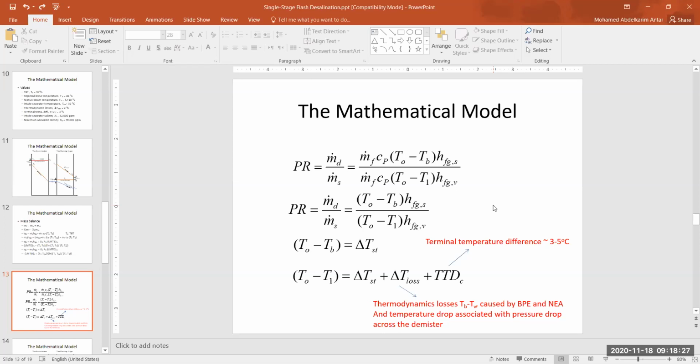And I told you that you don't really have to memorize these equations. You can just look at them to see that, yes, we're able to produce a PR in the system in terms of parameters that could be available. If you know those temperatures, the m dot Cp are going to cancel out so that you have T naught minus TB over T naught minus T1 with HFG over HFG vapor.